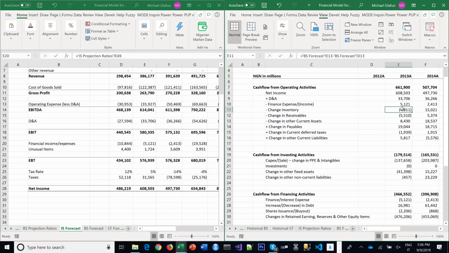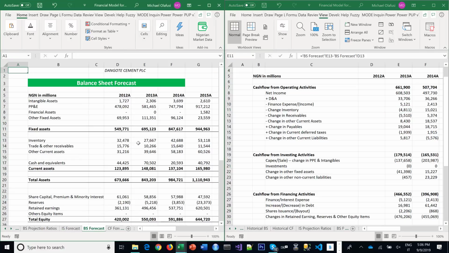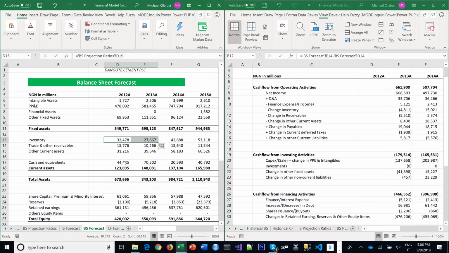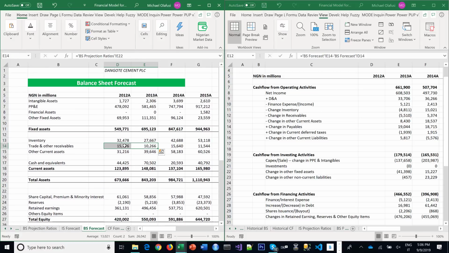No, no. Inventory, so let's go to the balance sheet. Did I pick from the right place? B13 to E13. Yes, this is inventory. Did I pick the receivables from the right place? Let's go and check. Receivables E14. Yes. Did I pick the current assets from the right place? Yes.